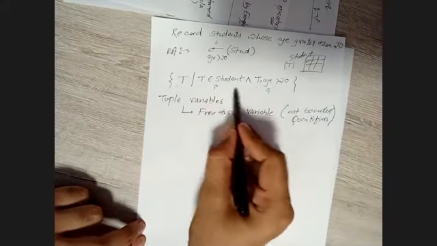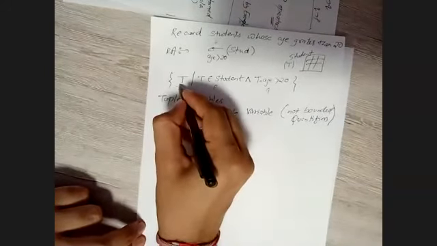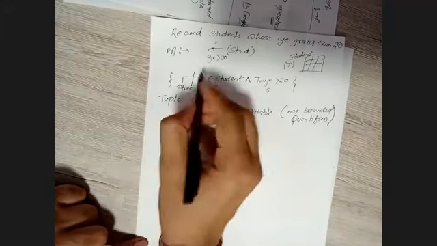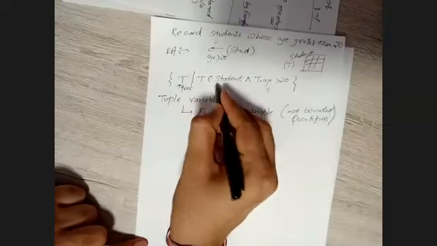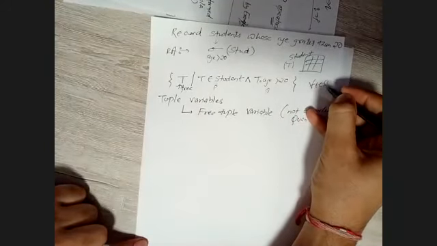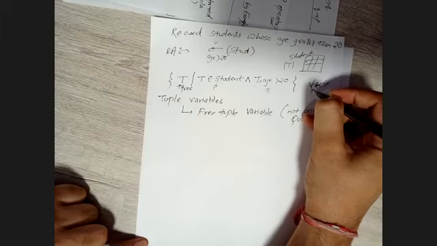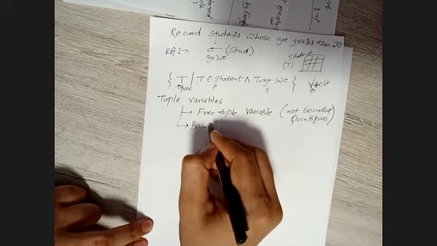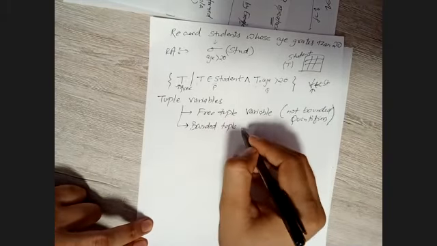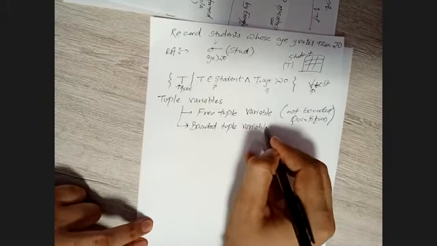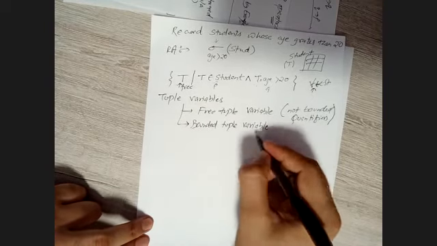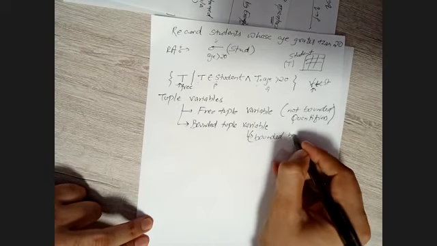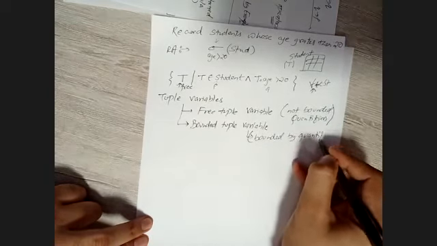In this statement, the variable T is a free tuple variable because there is no quantifier. If I say for all T belongs to student, now this T is bounded, no more free. So the other term is the bounded tuple variable, which are the variables bounded by quantifiers.